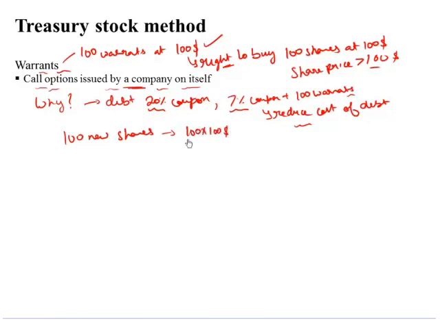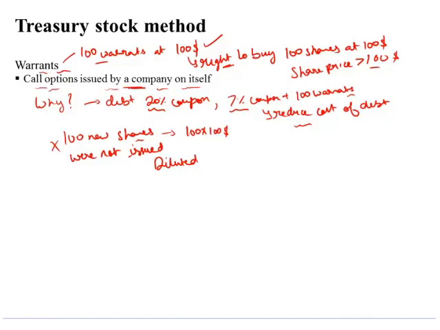But even if the warrants were not exercised, that is, the 100 new shares were not issued, the concept of basic and diluted EPS says that we will have to report a diluted EPS, which would hypothetically assume that these warrants were converted and what was their impact.